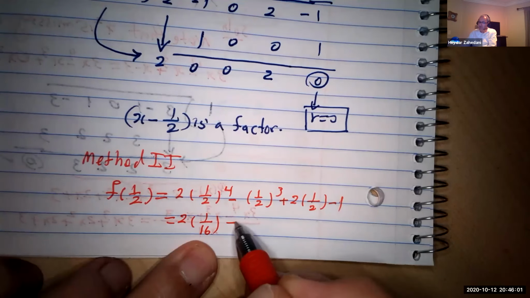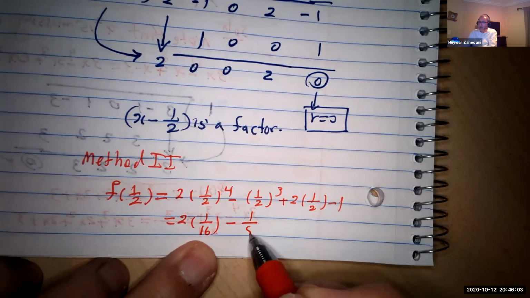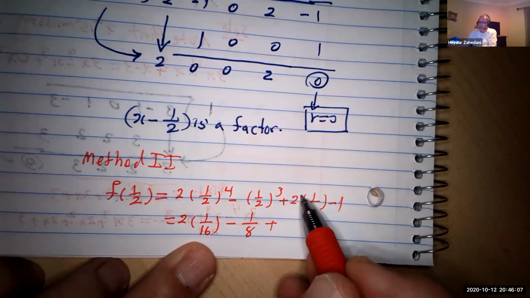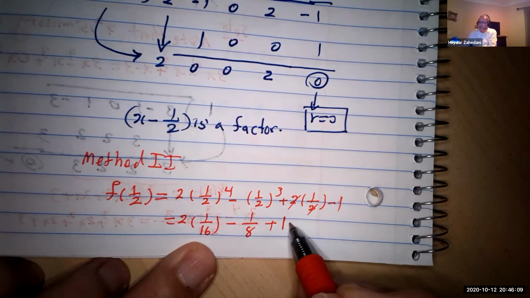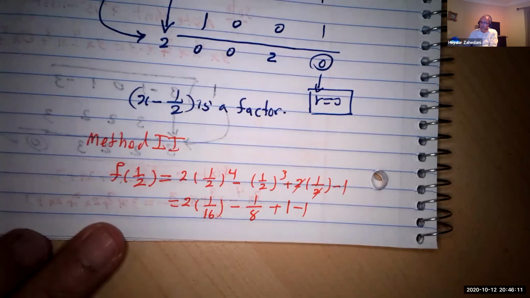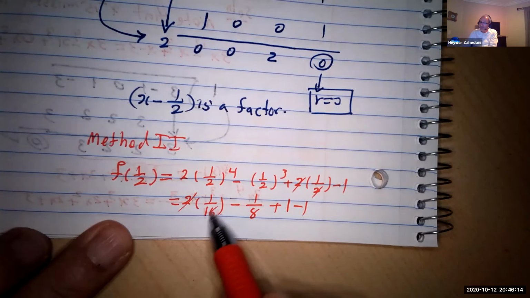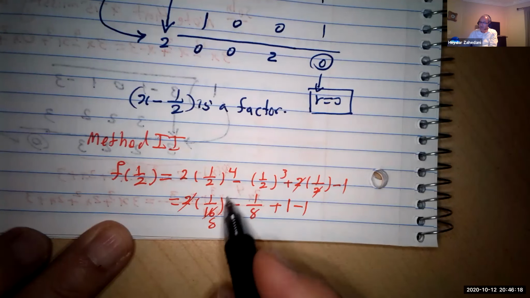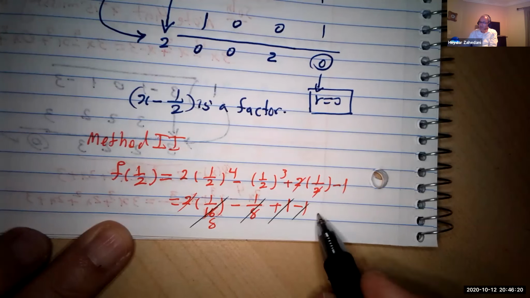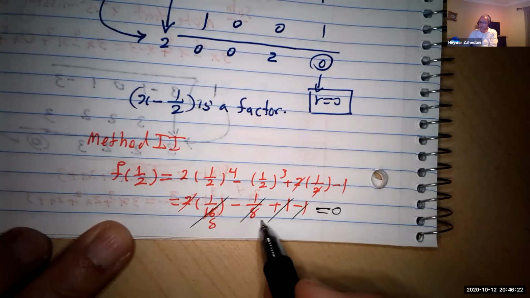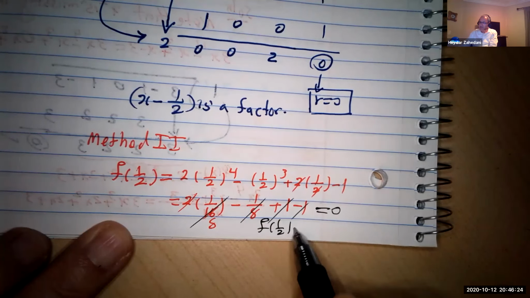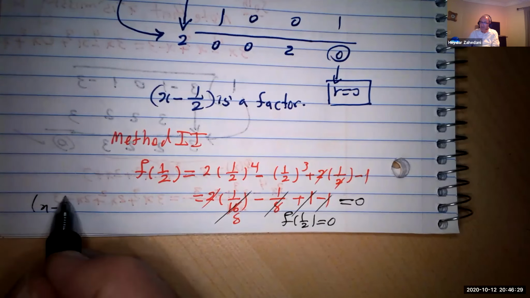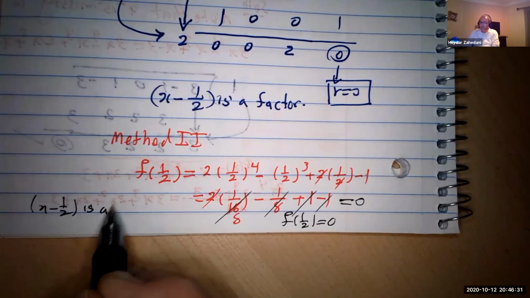Minus 1/2 cubed is 1/8, because 2 cubed is 8. We simplify: 2 over 16 gives 1/8, so 1/8 minus 1/8 and 1 minus 1 gives 0. So f of 1/2 equals 0, which means x minus 1/2 is a factor.